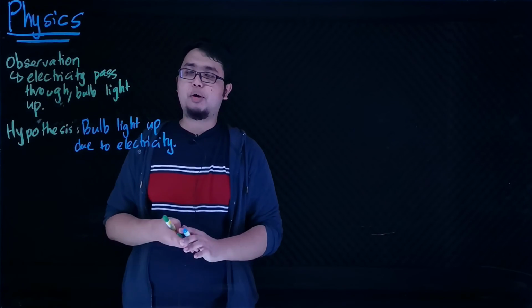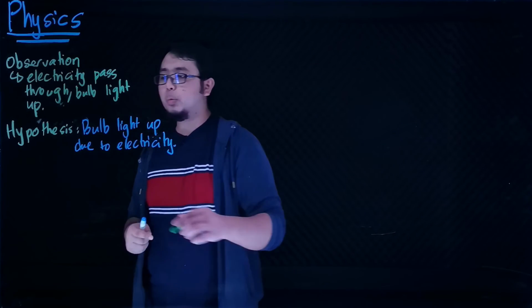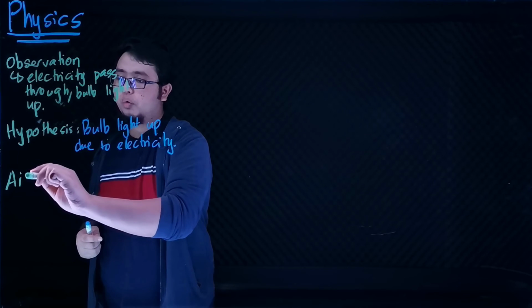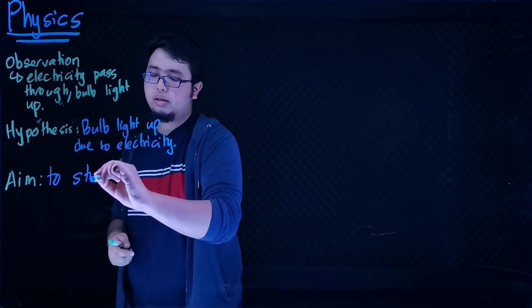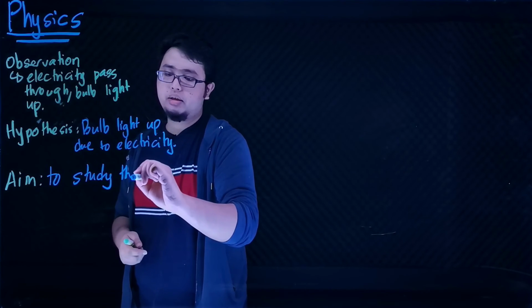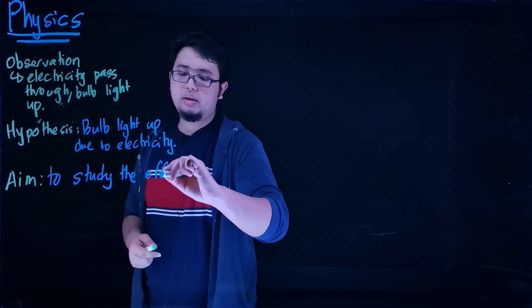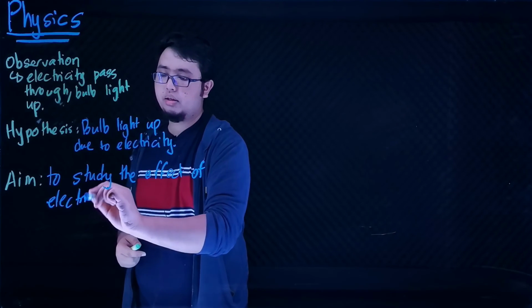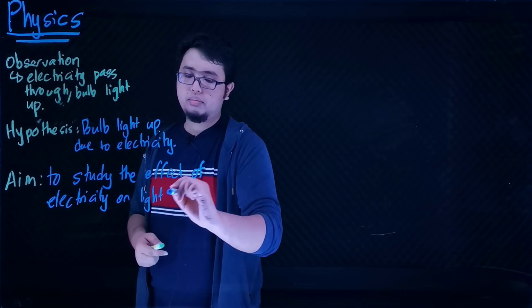Now, once we have our hypothesis, we start with designing our experiment. So we start with our aim. Our aim would be to study the effect of electricity on a light bulb.